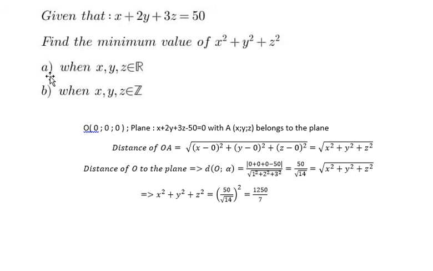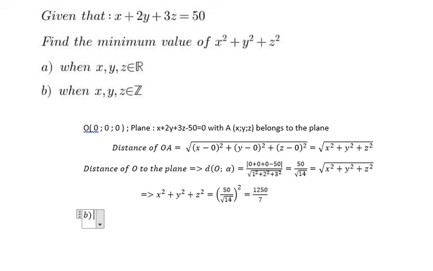So in question A, we don't need to find x, y, and z, but in question B, we need the values of x, y, z from question A. So that's why we need to use another approach.